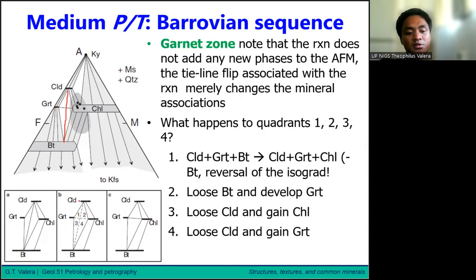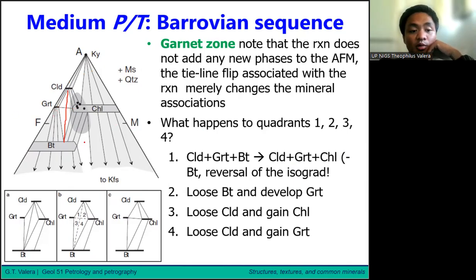Number 2, dito siya sa right side ng original tie line. Number 3, nasa left din siya ng original tie line pero below nitong bagong garnet chlorite tie line. And 4, right side ng original tie line, below ng new tie line. So anyway, ang point lang naman ay tingnan natin kung ano yung changes sa mineralogy nila as the reaction progressed. Okay?